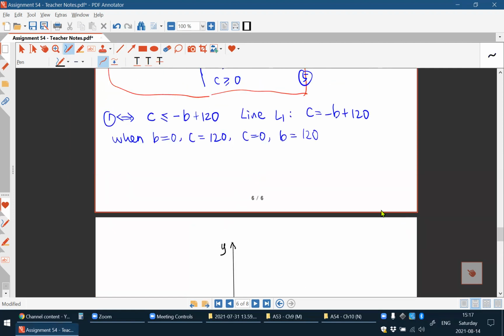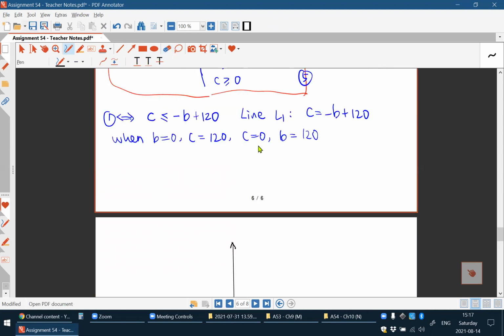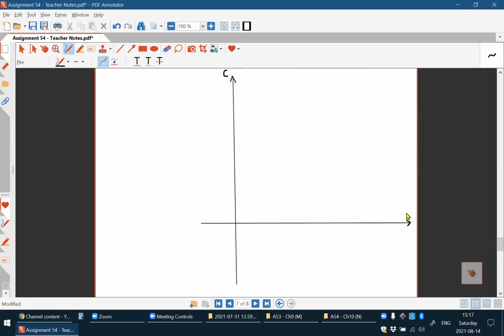Okay, so the first line passes through 2 points. The first point is 0, 120, and the second point is 120, 0. Sorry, it's not x and y. Here, we use the letters C and B, right? So C is our vertical axis and B is the horizontal axis.